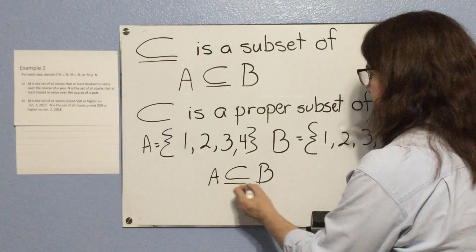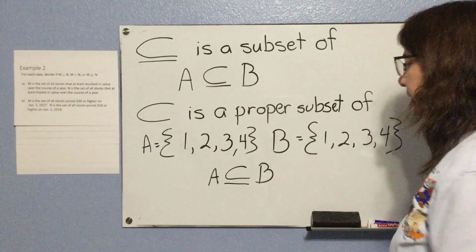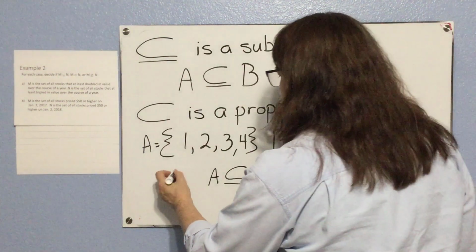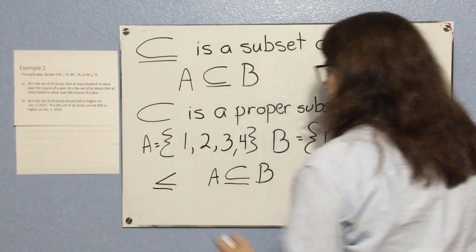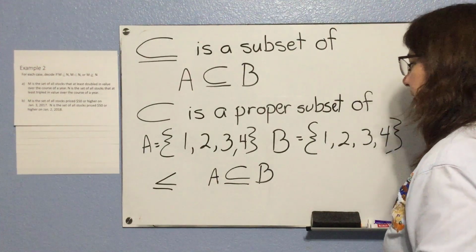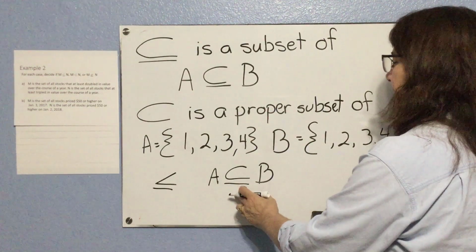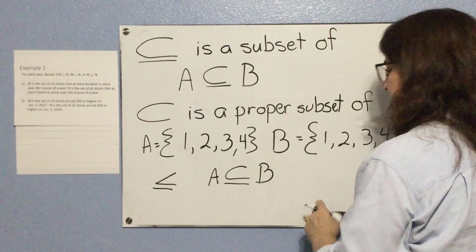Now I have to have the line here. This line is very similar to the line we have on inequalities. If I don't have the line, they can't be the same.